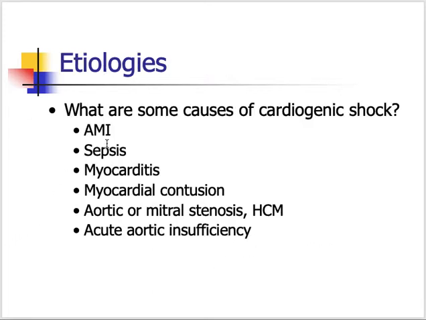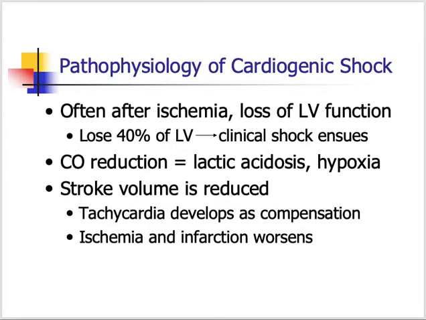Acute myocardial infarction, sepsis, myocarditis, myocardial contusion, aortic or mitral stenosis, hypertrophic cardiomyopathy, and acute aortic insufficiency are examples. In the pathophysiology, when left ventricular function is impaired, the blood cannot be pumped, cardiac output is reduced, and it can result in shock. So that is again a type of shock.